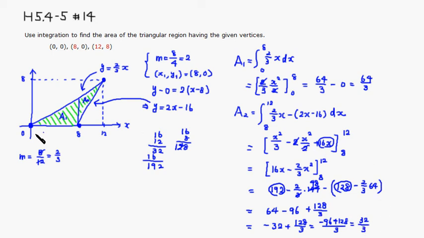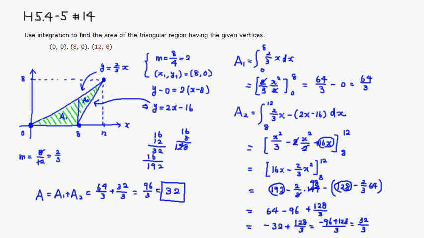Now we need to combine them. The area we're looking for is A1 plus A2, which is 64 over 3 plus 32 over 3, which is 96 over 3, which is 32. So the area is 32.